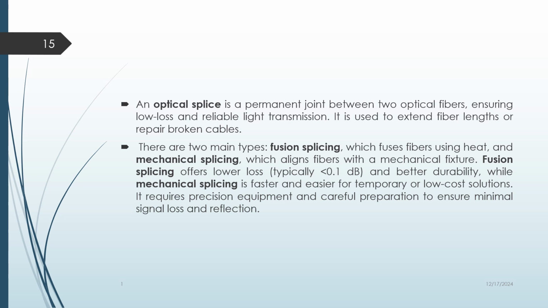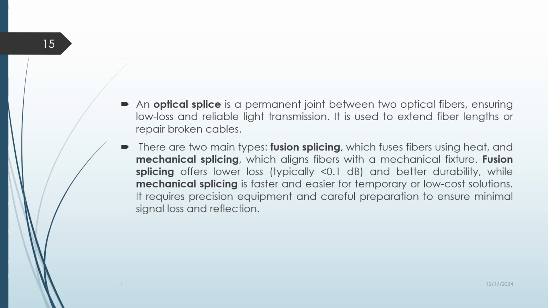The optical splice, it is a permanent joint. So the difference between connector and splice: a splice is a permanent joint between two optical fibers, ensuring low loss and reliable light transmission. It is used to extend fiber length or repair broken cables. There are two major types: fusion splicing, which fuses fiber using heat, and mechanical splicing, which aligns fiber in a mechanical fixture.